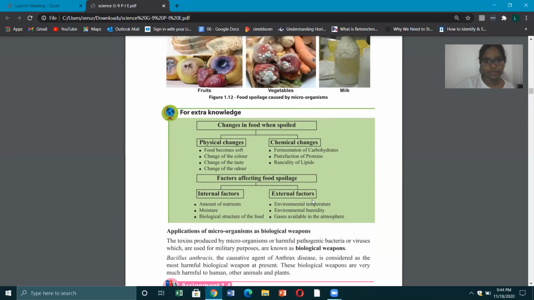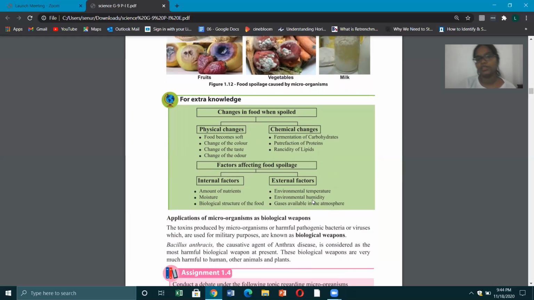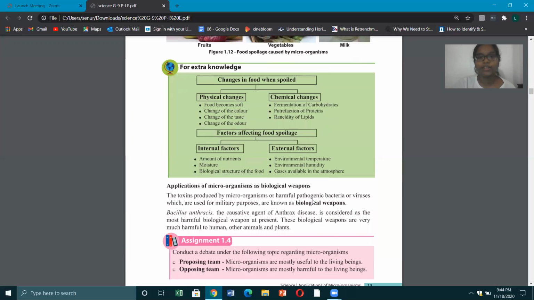So there are some factors affecting food spoilage. Some are internal, some are external factors. Internal factors are the amount of nutrients they have, sometimes the moisture, and sometimes the biological structure of the food. External factors could be environmental temperature.